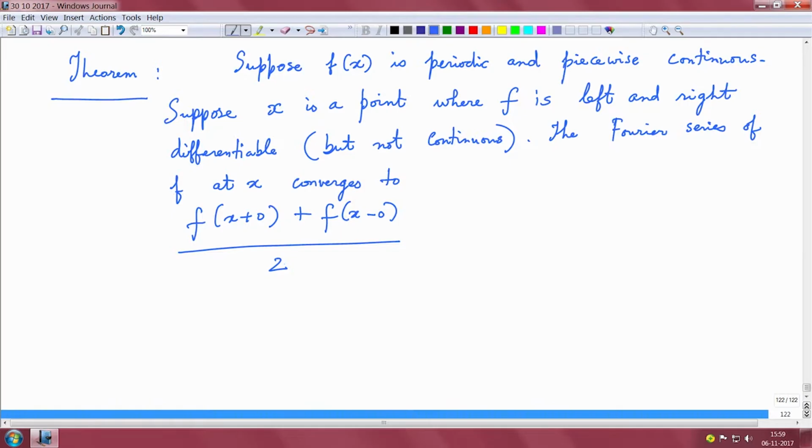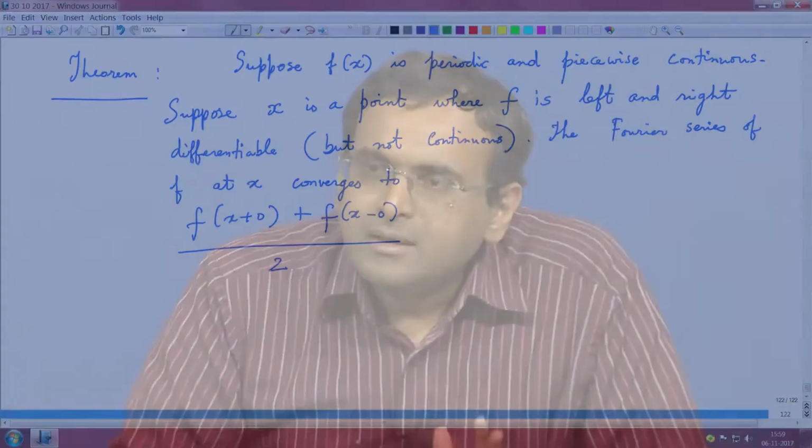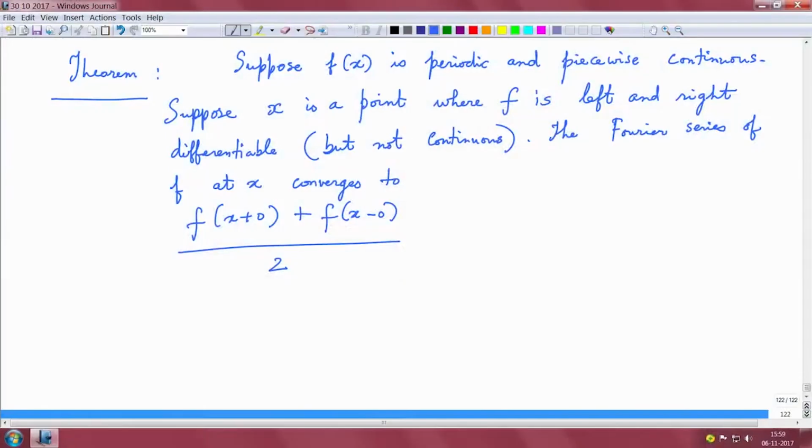It is basically the mean of the function values evaluated at the left and the right. Okay. So, let us see the proof of this theorem.